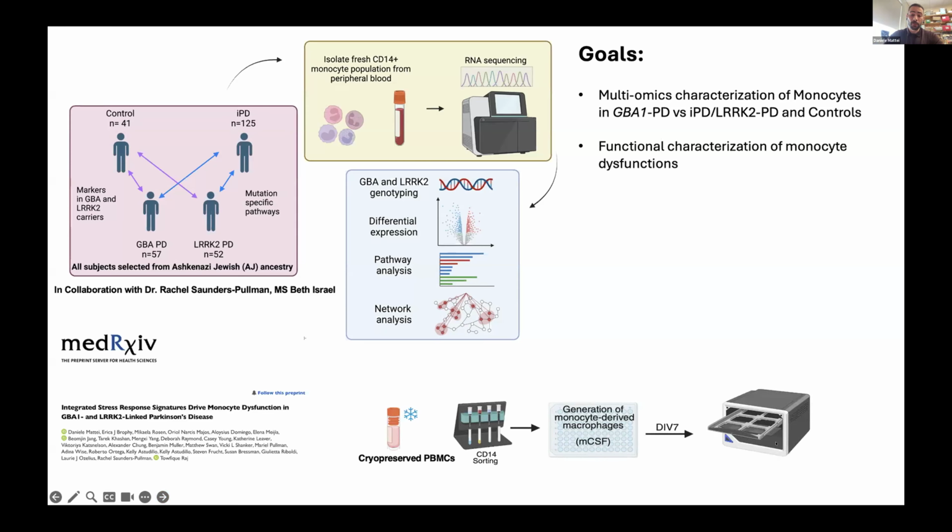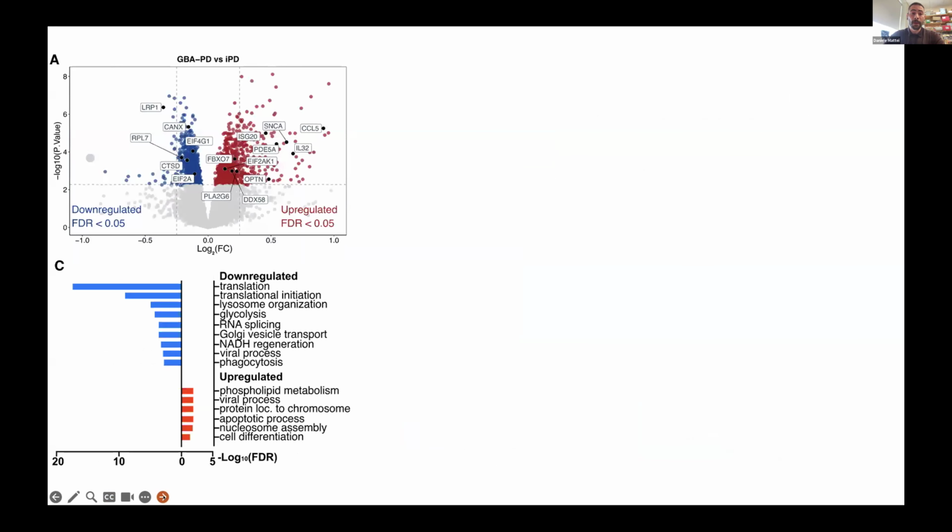And I use the IncuCyte, which is an amazing apparatus for live cell imaging, to validate what we find at the transcriptional level, but also to really understand what the functional impairment entails. And this may highlight concrete potential pharmacological targets to improve immune cell or myeloid cell dysfunction in PD, and in GBA1 PD in particular.